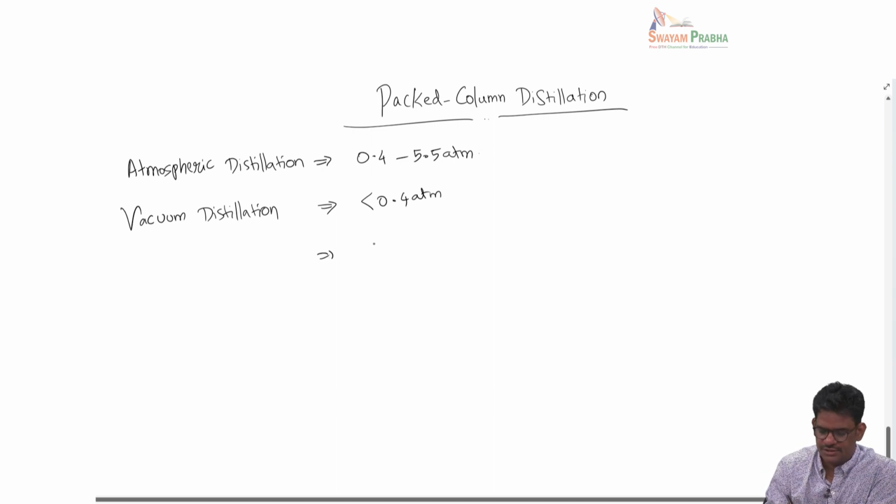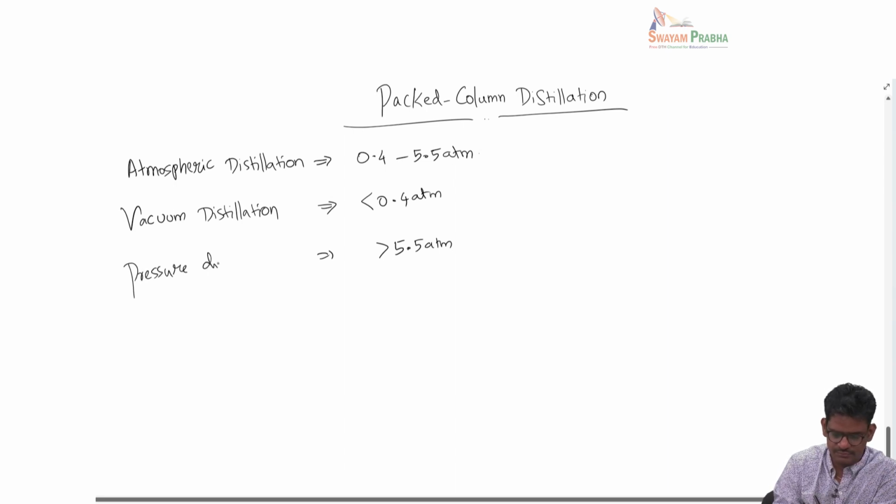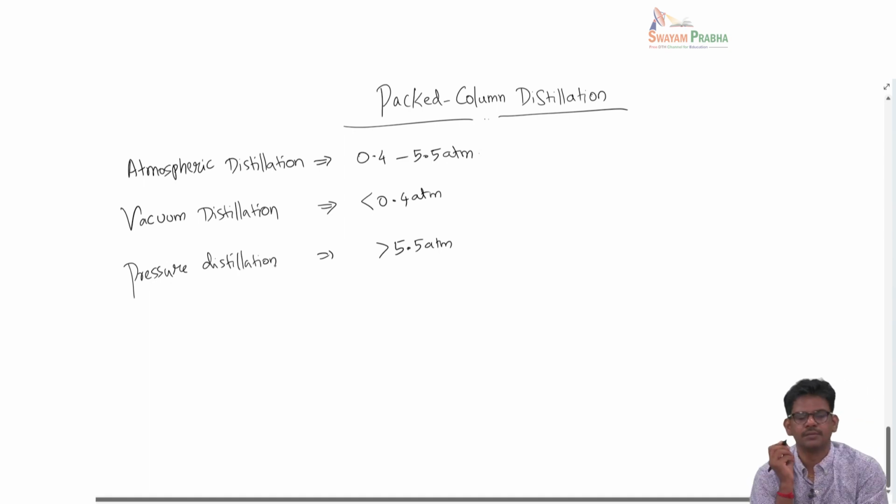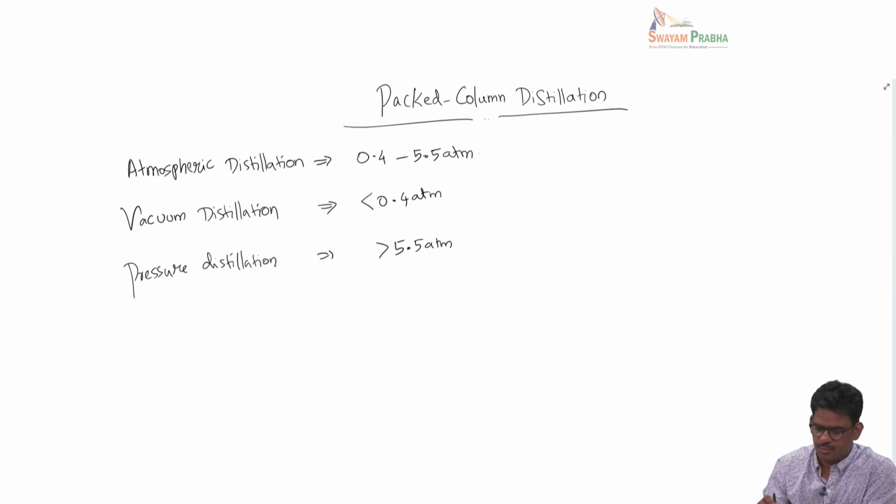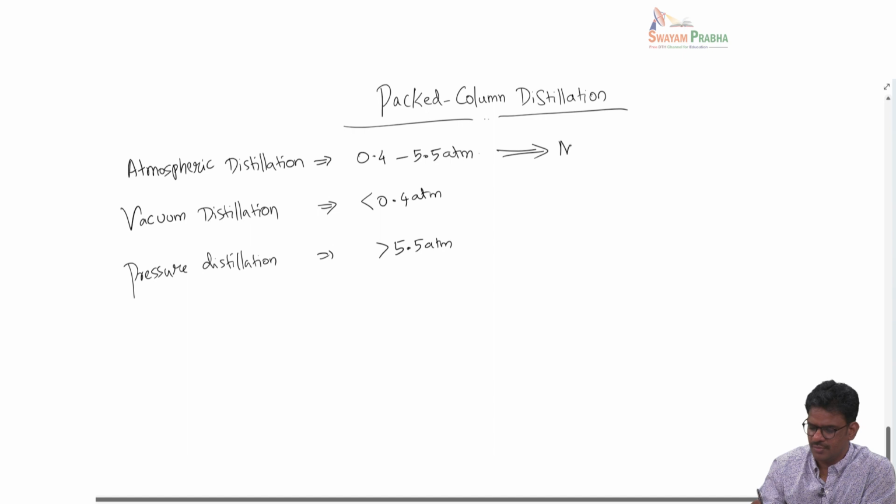And if the pressure is greater than 5.5 atmosphere, this is called pressure distillation. Among the industrially relevant distillation operations, atmospheric distillation is the most commonly used.